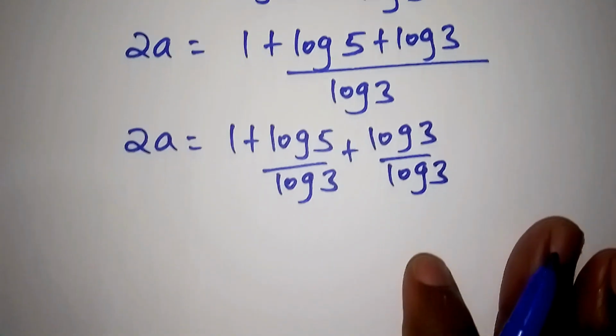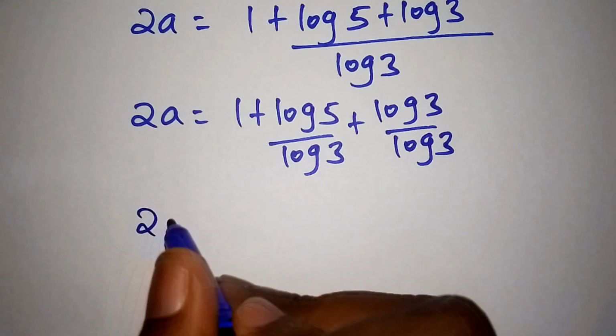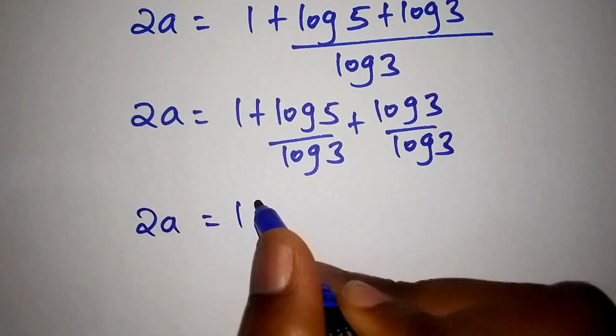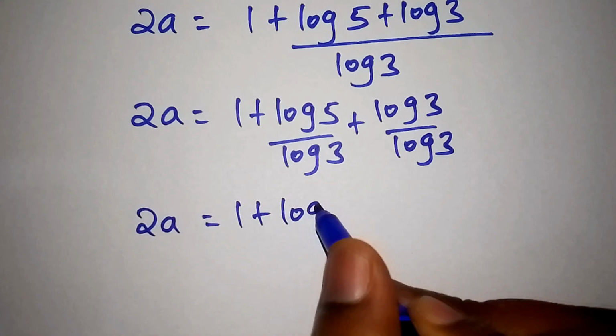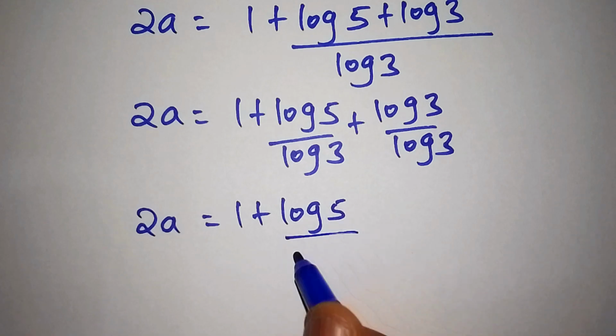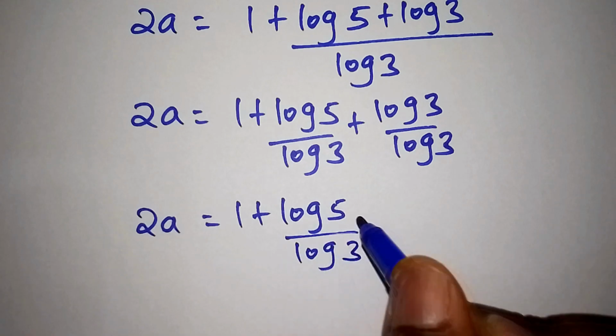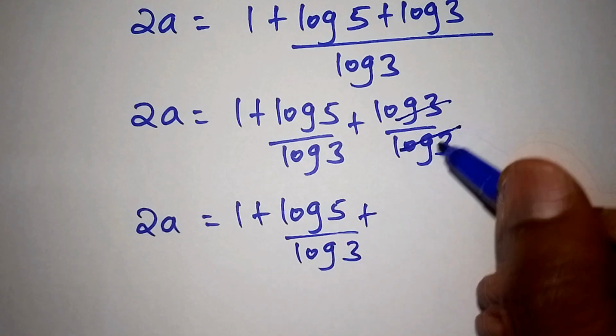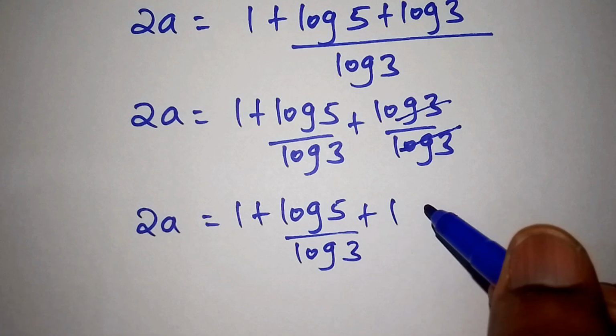So that 2a is equals to, so 1 plus, so log 5 all over the log of 3, then plus, so log 3 and log 3 cancels, we shall have it as 1.